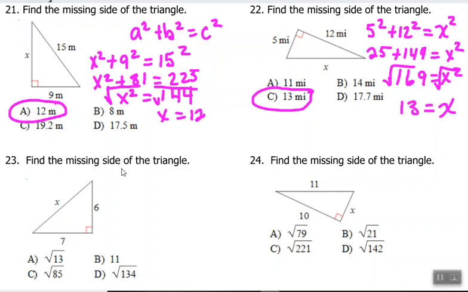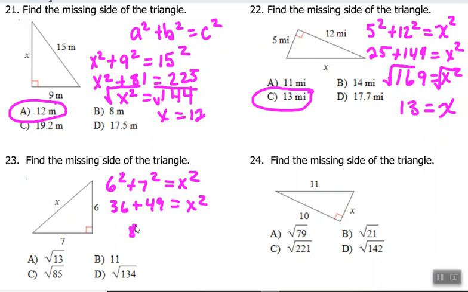Here again, I want to find the missing side of the triangle, and I see that the x I'm missing is across from the right angle, so I am missing the hypotenuse. So I'm going to say I have 6 squared plus 7 squared equals x squared. And I can do this math. I have 36 plus 49 equals x squared.